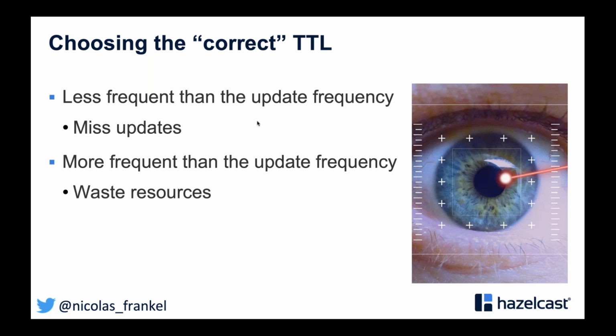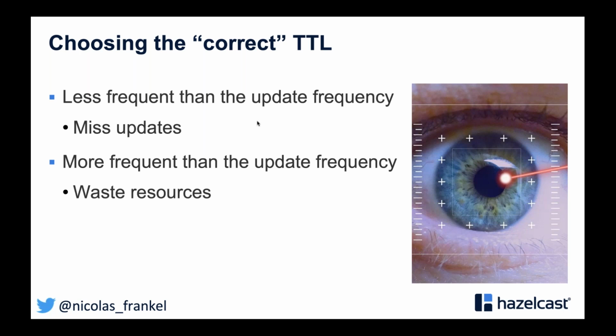Let's say that your batch in the previous diagram runs every hour. Now, if you set a time to live that is higher than 1 hour, then there will be updates during this, let's say, 2 hours or a day time span, and you will miss those updates.